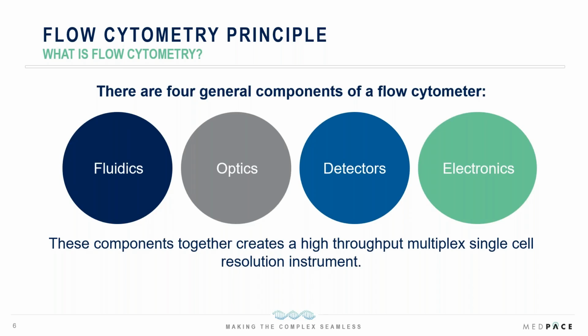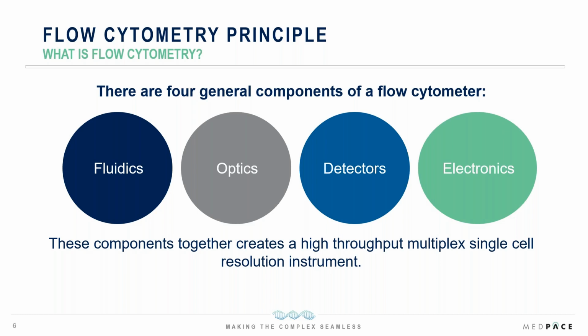So just a simple explanation like that shows the principle of flow cytometry. You have fluidics that is necessary to align the cells. You have optics and detectors that are necessary to profile the cells. But then one of the strong aspects of flow cytometry is the electronics, because you can measure thousands of cells per second.